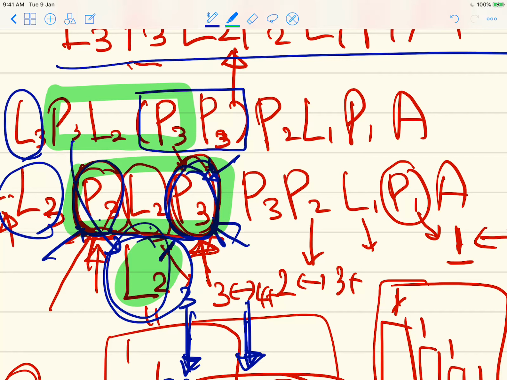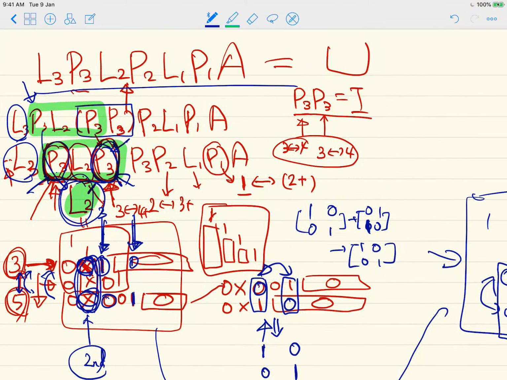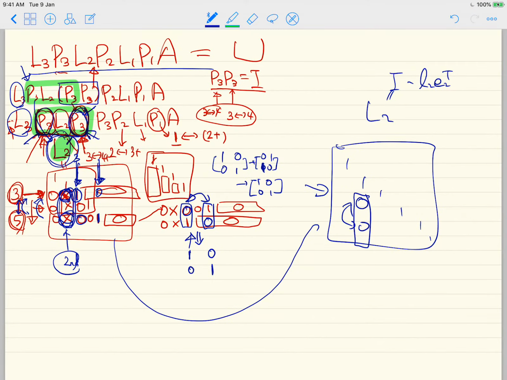Okay, so we created an effect of pushing or moving P3 from the left of L2 to the right of L2, right? Any questions so far?